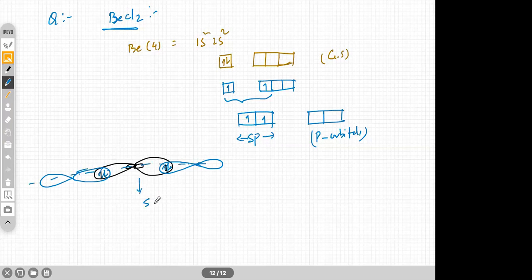Hybridization for beryllium is sp. Clear? When it is sp hybridized, the geometry is linear. Understood, guys? Any doubt in this?